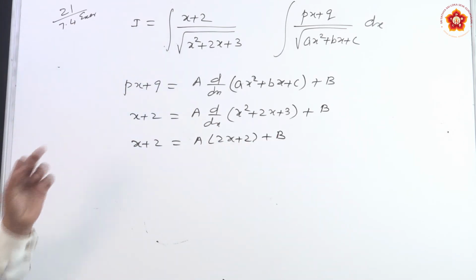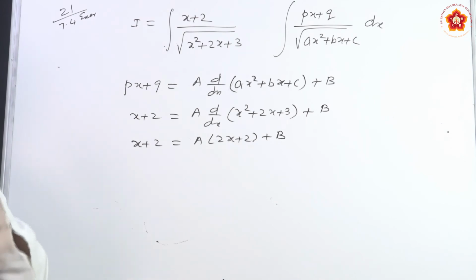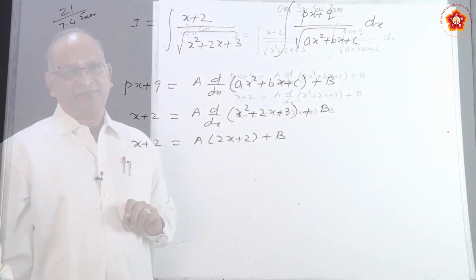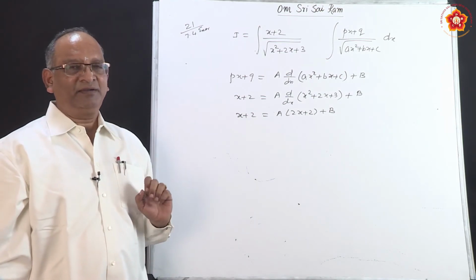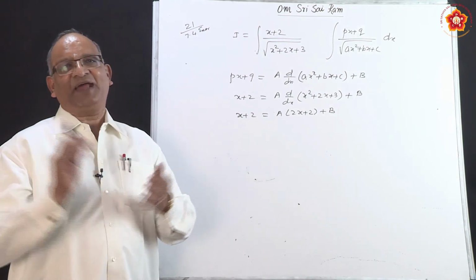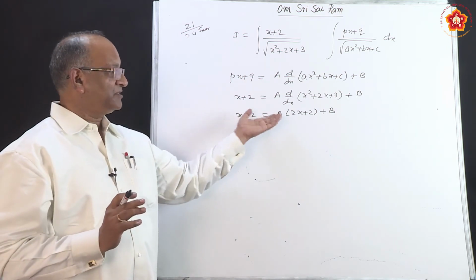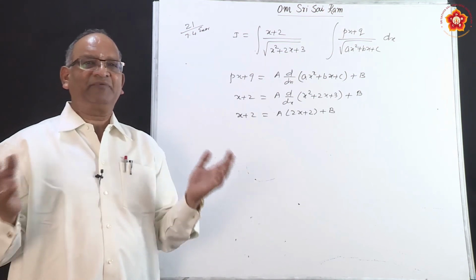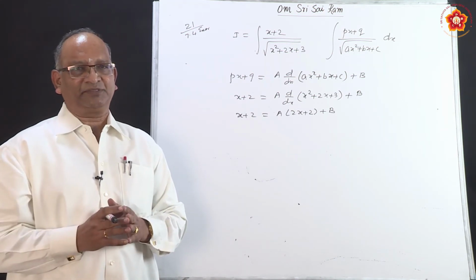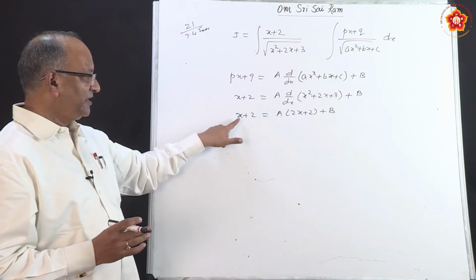How do you find a and b? Try to recollect the partial fraction method. There also we used to come across a, b, c, etc. How did we find them? One method was making one factor 0. Here you can still do it, but the easier way is to just equate the coefficients of equal degree terms.